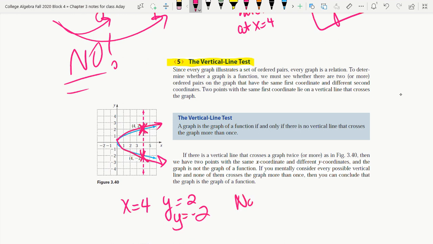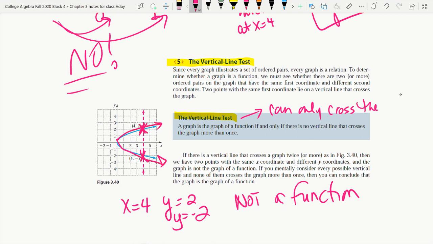So this is not a function. The vertical line test says if you can draw a vertical line, it can only cross the graph once to be a function.